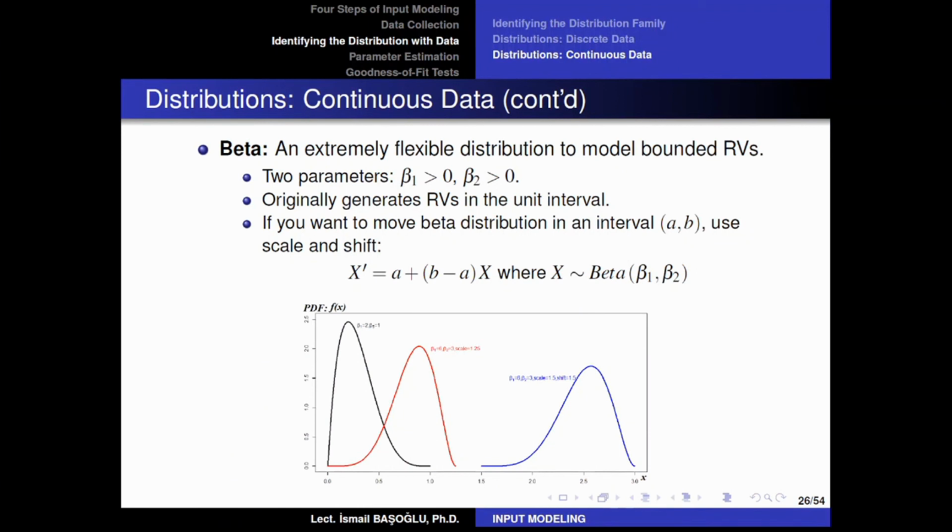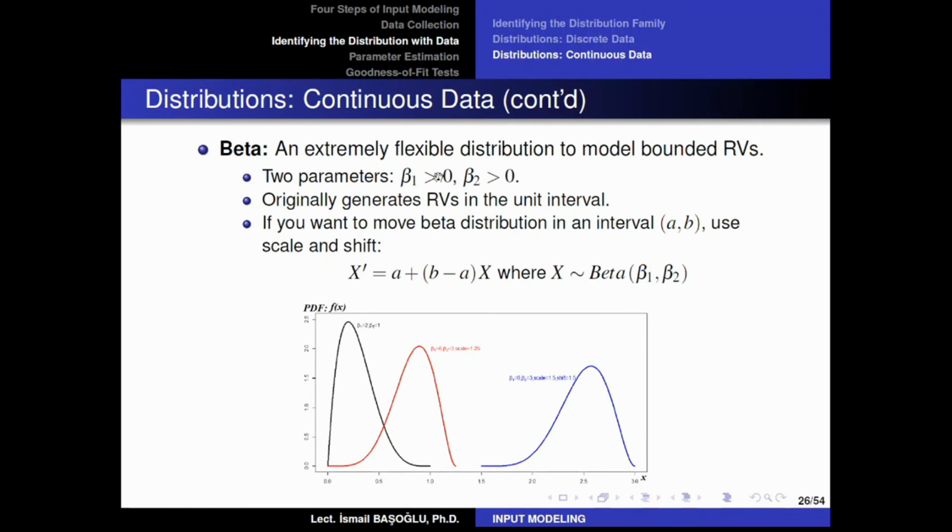That's because beta is the most flexible distribution which can imitate any type of histogram as long as it has a shape that looks like there is a peak, and around the peak the function should be concave, and as it converges to the tails, it must be convex and converging to 0. In that case, if you have a histogram that looks like this shape, either symmetric or not symmetric, beta distribution can be a good distribution to model it.